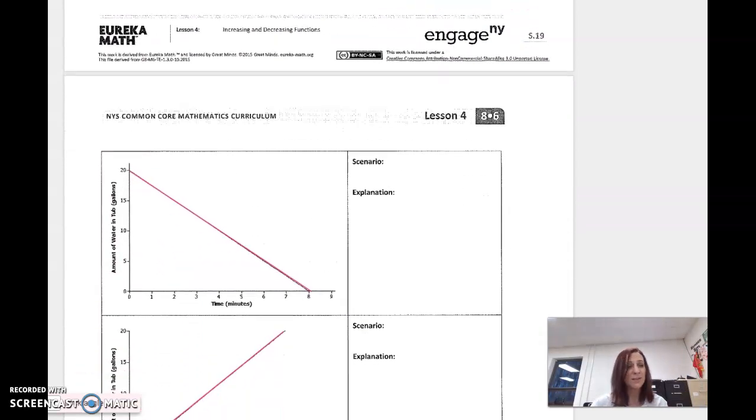So I'm going to say that this is scenario B, but I'm going to try to actually use the correct tool here. Scenario B, and my explanation is, well, the bathtub is being drained.